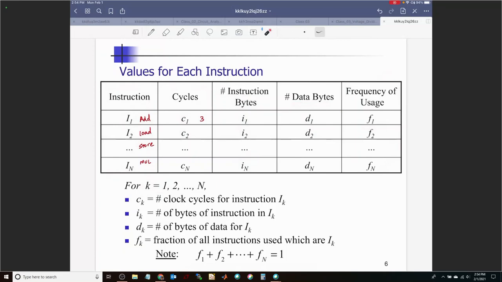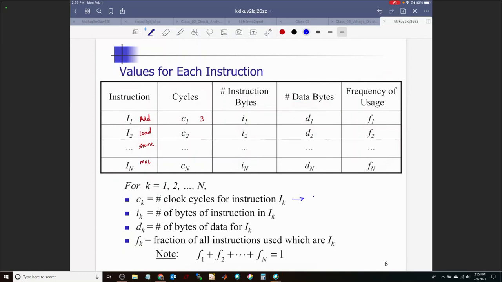Now, these parameters are best understood by keeping track of their units. So let me go through one by one and take a look at each parameter and its units. C sub k, number of clock cycles for instruction Ik. What is the unit for C sub k? Clock cycles per instruction, right?